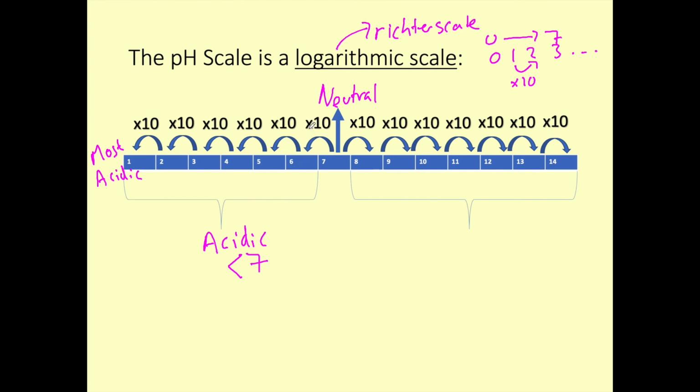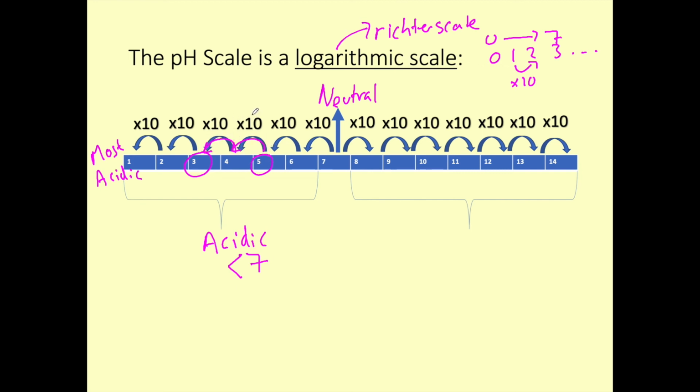So what we're saying here is that a pH of 4 is 10 times the acidity of a solution that is pH 5. If we look at pH 3 compared to pH 5, we've had to do a double jump here.